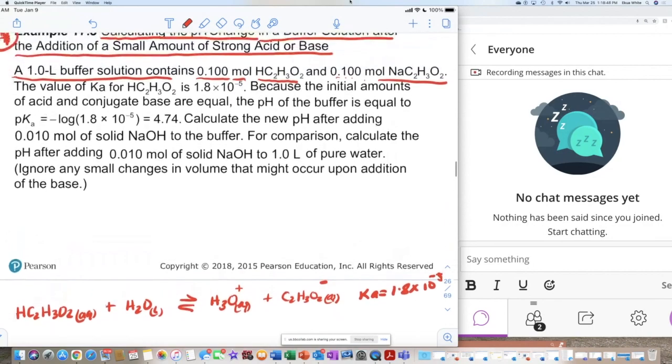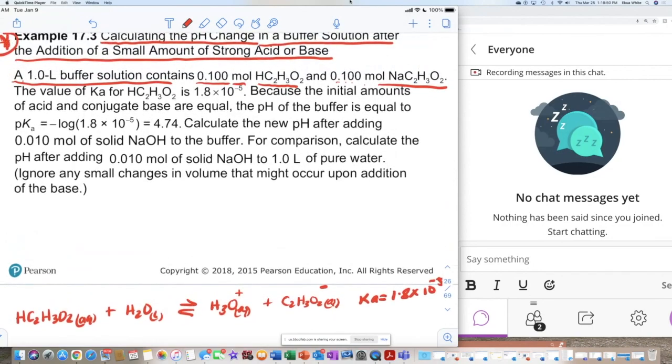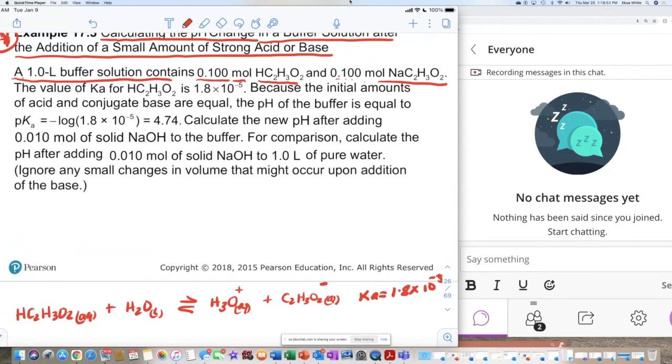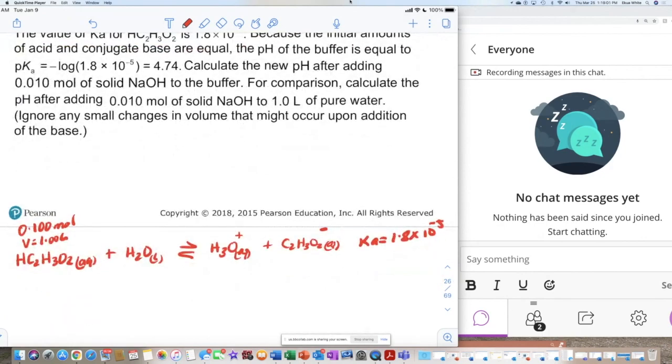Okay. So they were saying a 1 liter buffer contains 0.1 molar. So the concentration of this one here is 0.100 mol in the volume of 1.00 liters. Remember the numbers written down here are usually big M, not moles per liter. So I'm just going to take my moles per liter to get my big M, molarity.